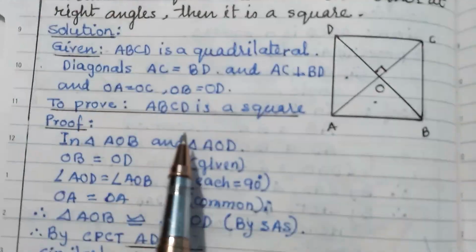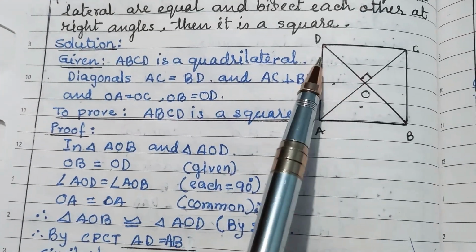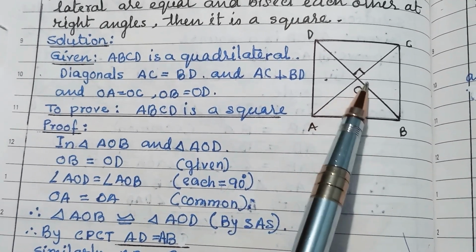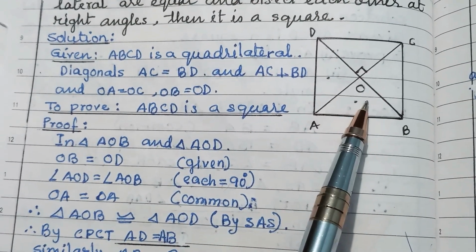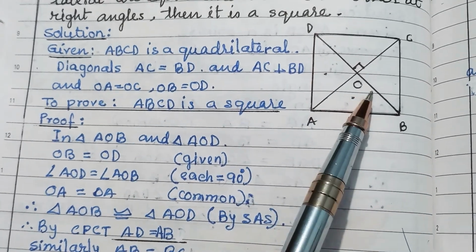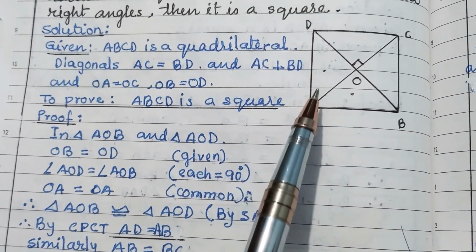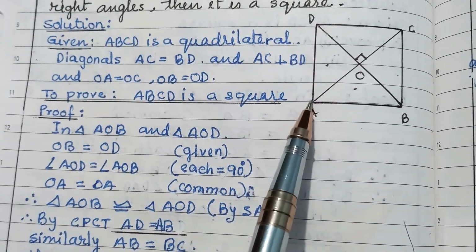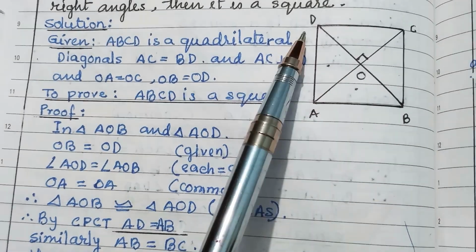Now first, in triangles AOB and AOD, OB is equal to OD, since the diagonals bisect each other, as given. Angle AOB is equal to angle AOD.